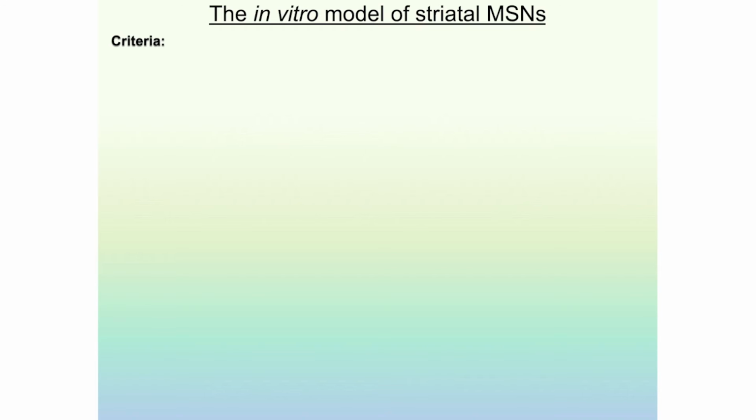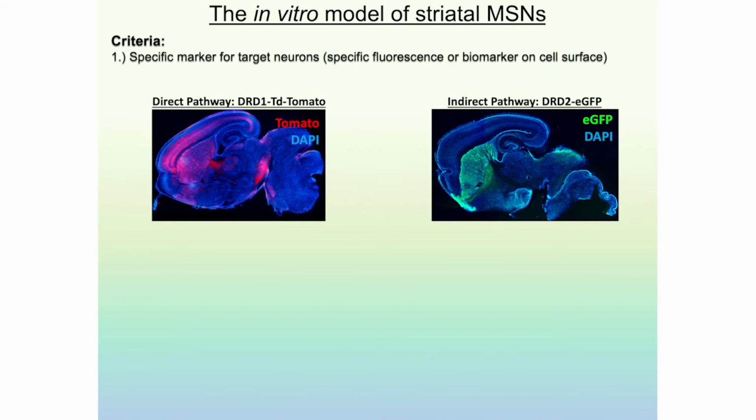However, I thought we hit the first two important criteria. We have a specific marker expression for target neurons. And I really have to point out this. This is probably the most important point. We really need specific marker expression in our desired target cell type.